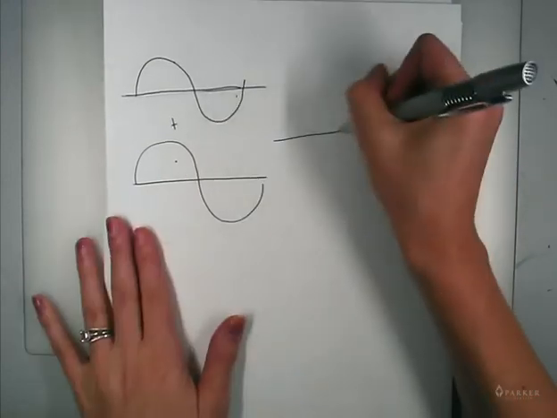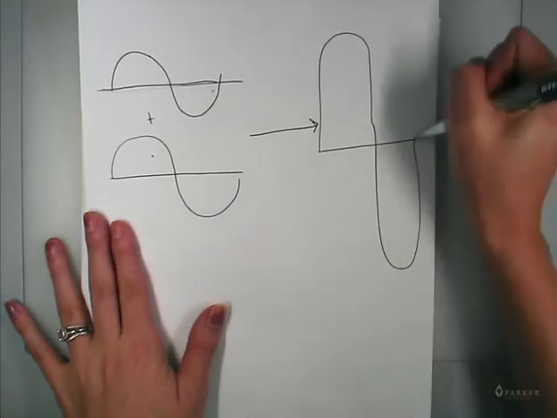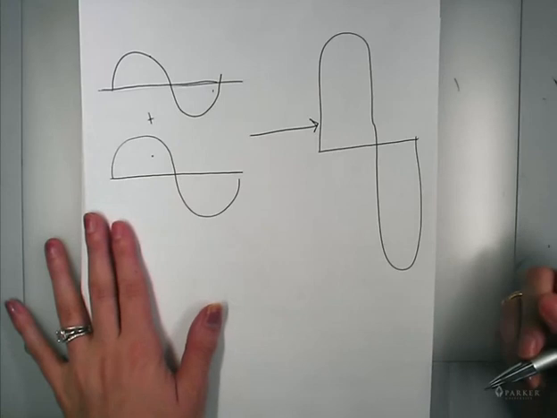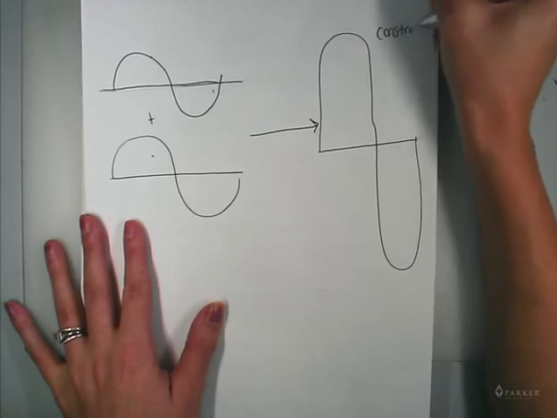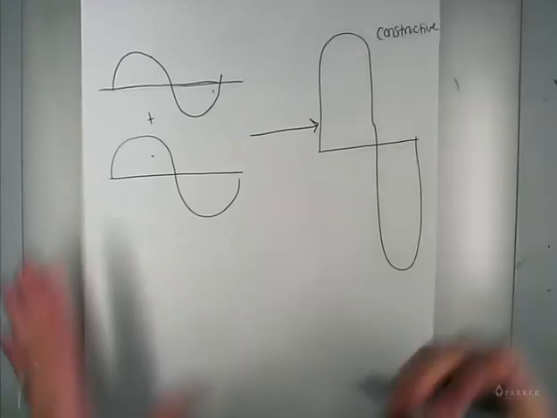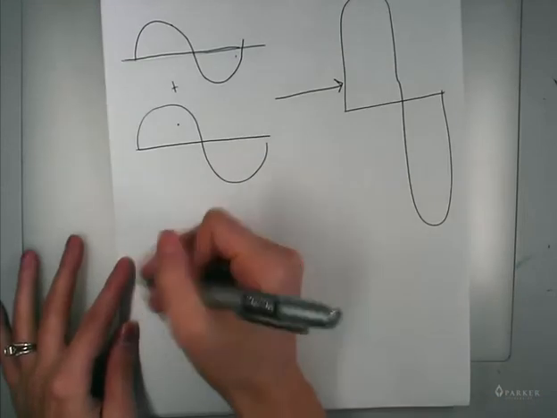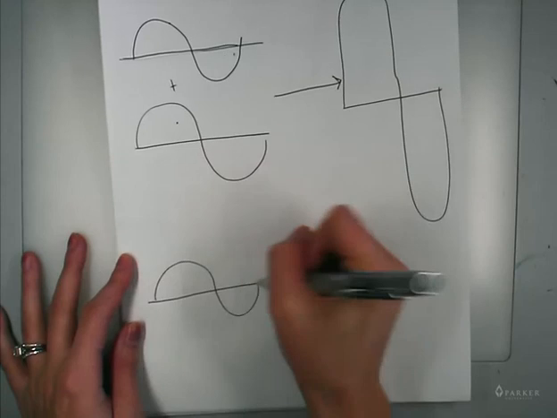So when I add these two together, I'm going to make one giant wave. Do you think that would have been constructive or destructive? Constructive. So waves can add together to basically double in size. They literally add. And then the other way.